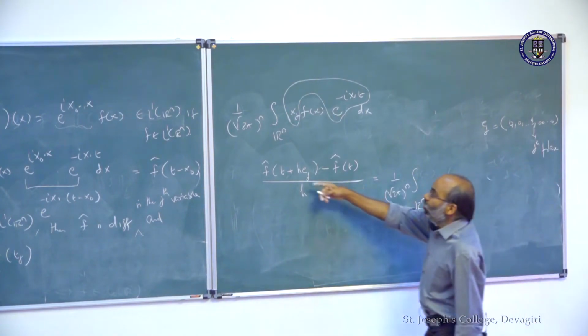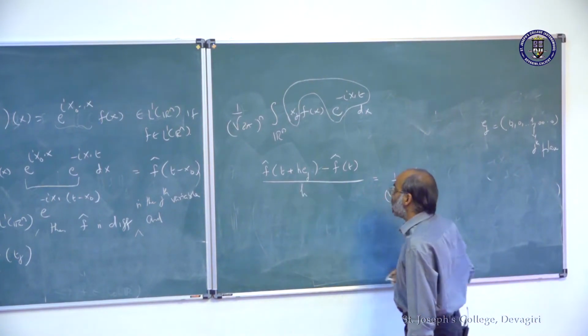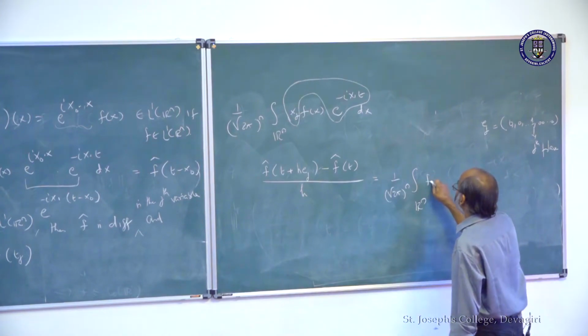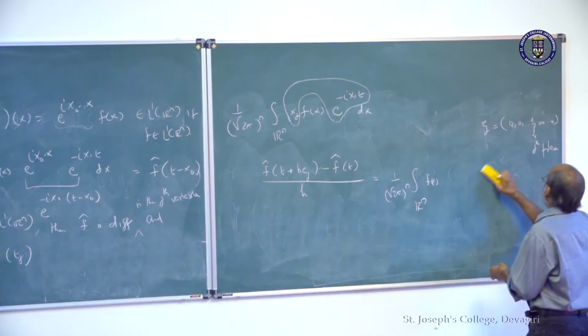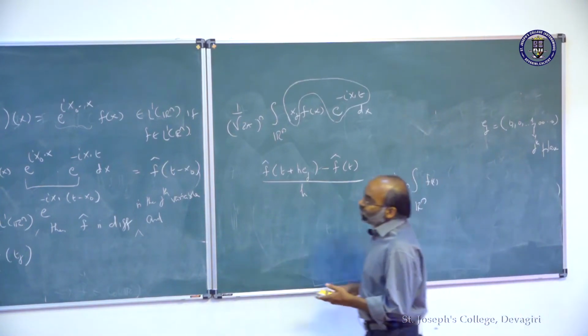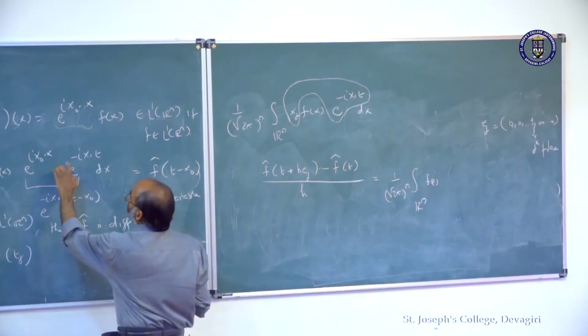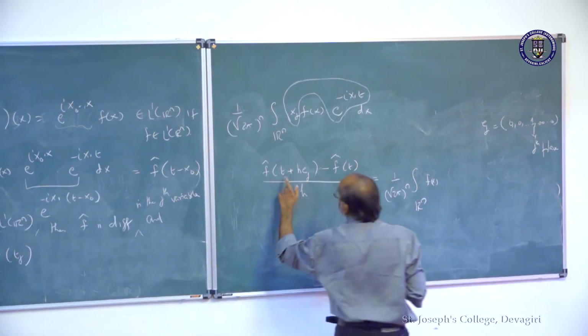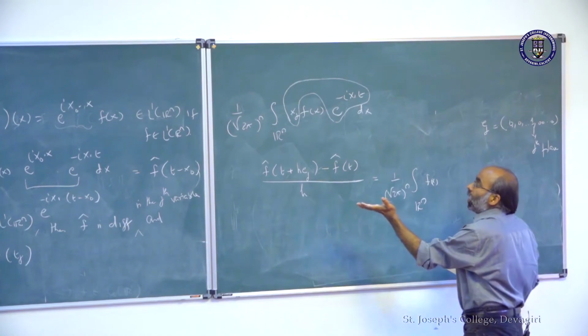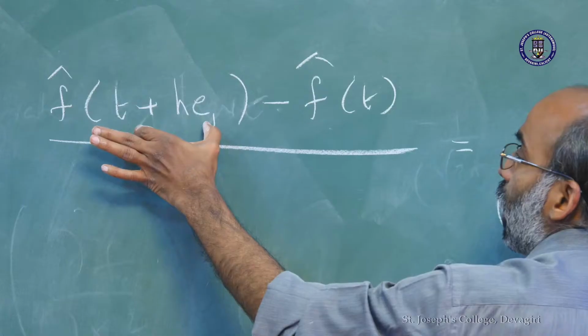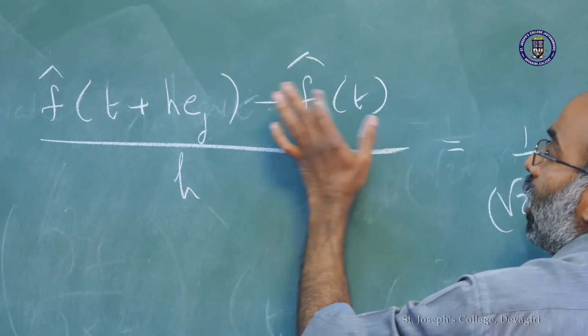So, the Fourier transform of f at the point t plus h Ej is just f of x, minus the Fourier transform at t. In the definition of the Fourier transform, only in the exponentials will t come. So, it is e to the i x dot this element minus x dot t, divided by h.